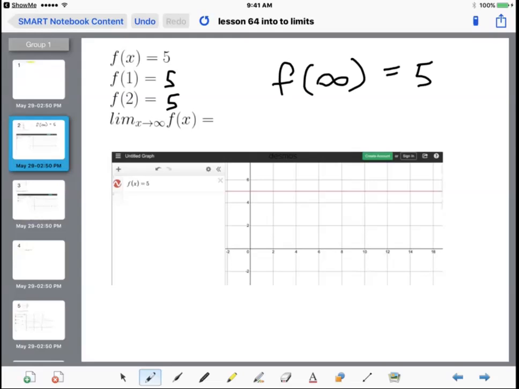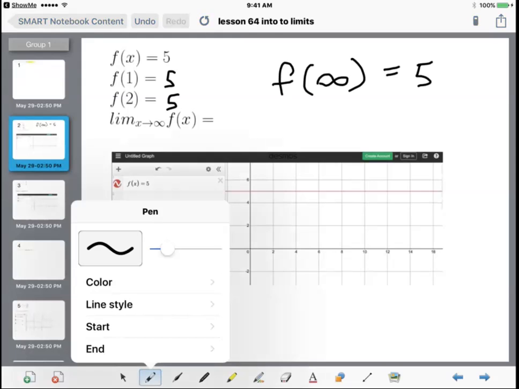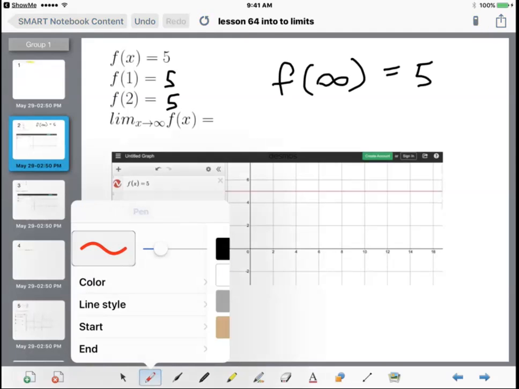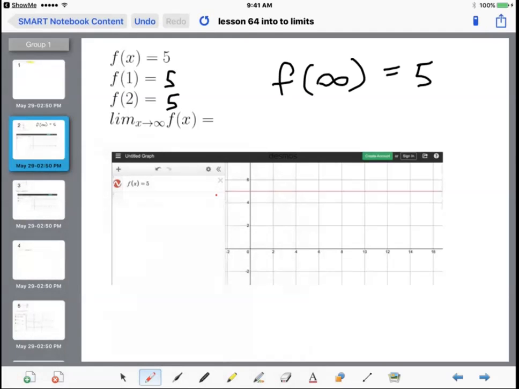If you wanted to think of this function represented as a graph, then f of infinity is like the end behavior of this graph. I could picture that way out to the right, since this is a horizontal line, every point's going to have 5 on it, including the points that are all the way off to the right.